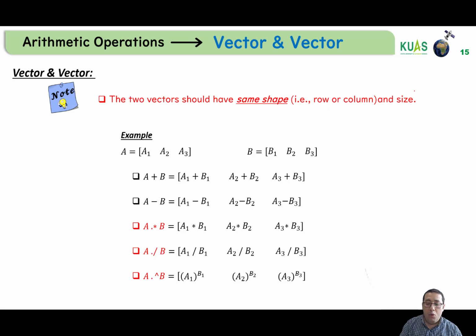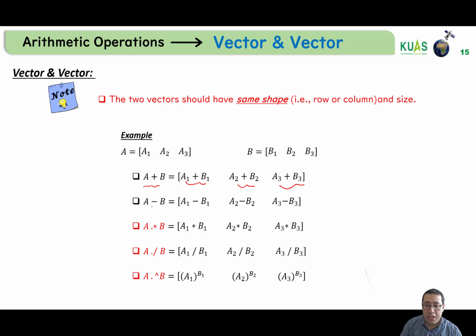For example, we consider here A, it is a row vector with 3 elements, A1, A2, A3, and B is a row vector with elements B1, B2, B3. So if we say A plus B, it means A1 plus B1, A2 plus B2, A3 plus B3.